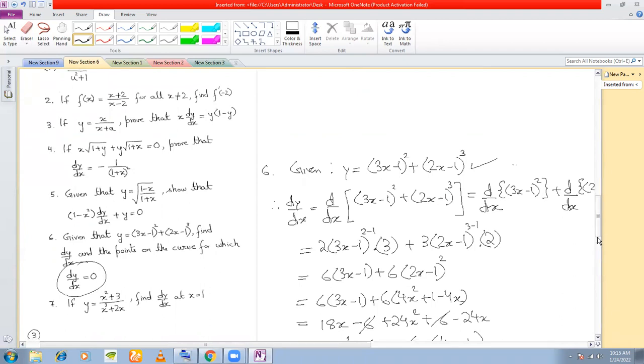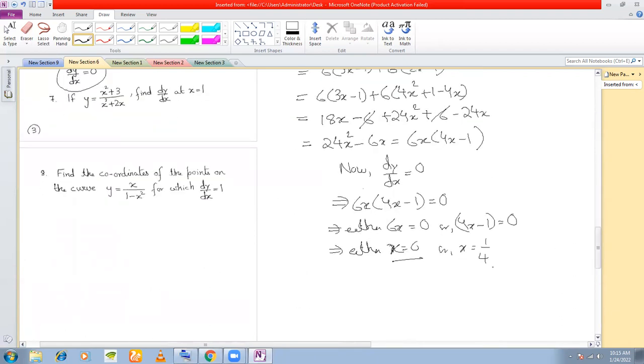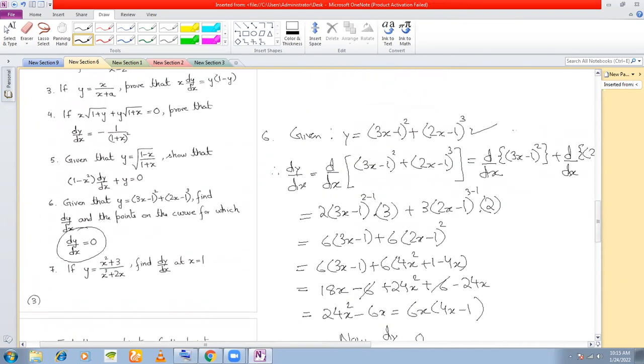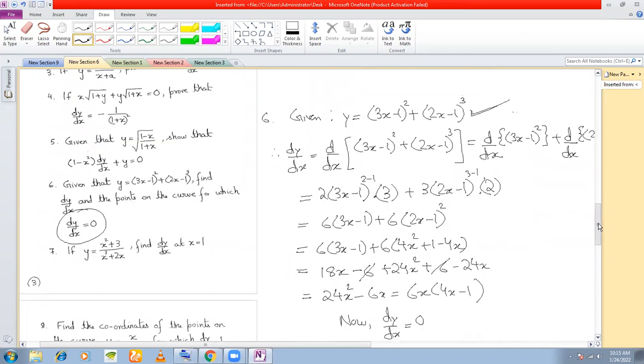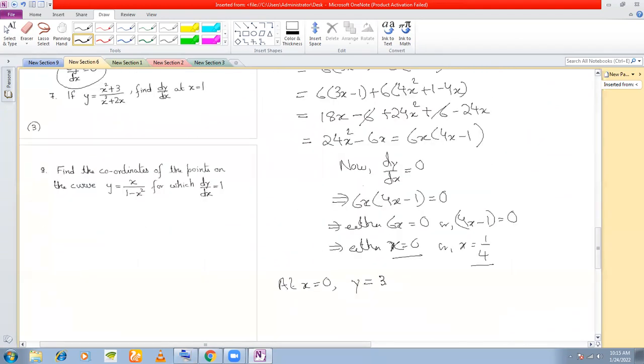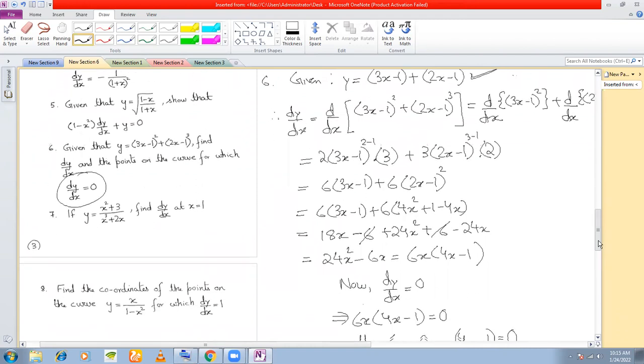So these values of x will give you the x coordinate of the points on the curve. How to find out the y coordinate? At x is equal to 0, put the value of the x coordinate in the equation of this curve. Y is equal to, you have what? (3x minus 1) square, so 3 into 0 minus 1 square plus, and what is the other one? (2x minus 1) whole cube.